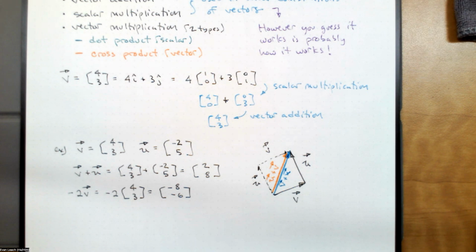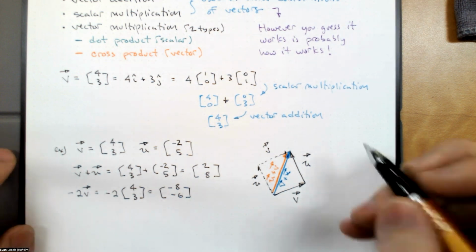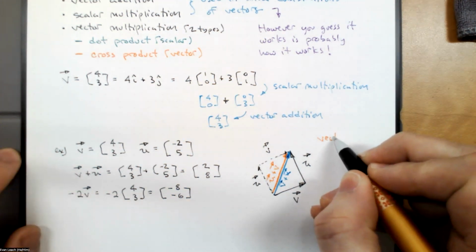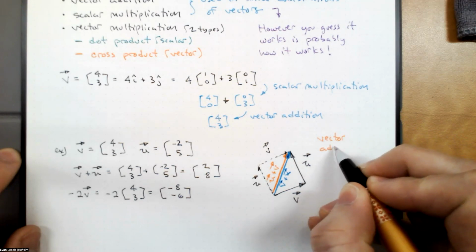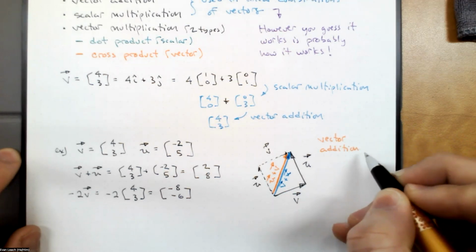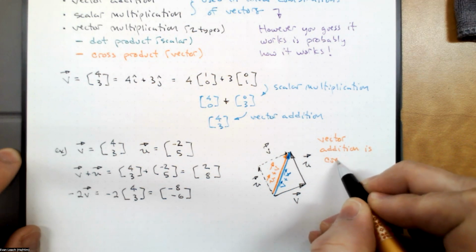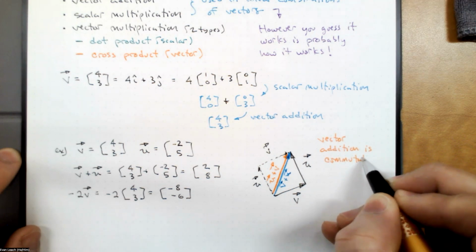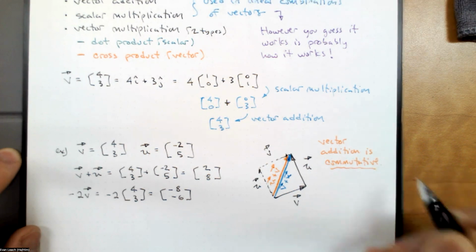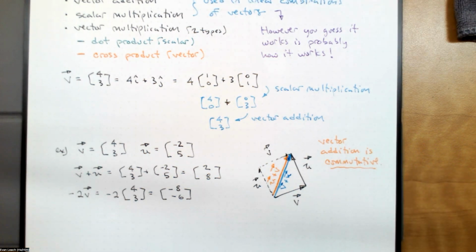It had better be, we are calling it addition. u plus v is equal to v plus u.